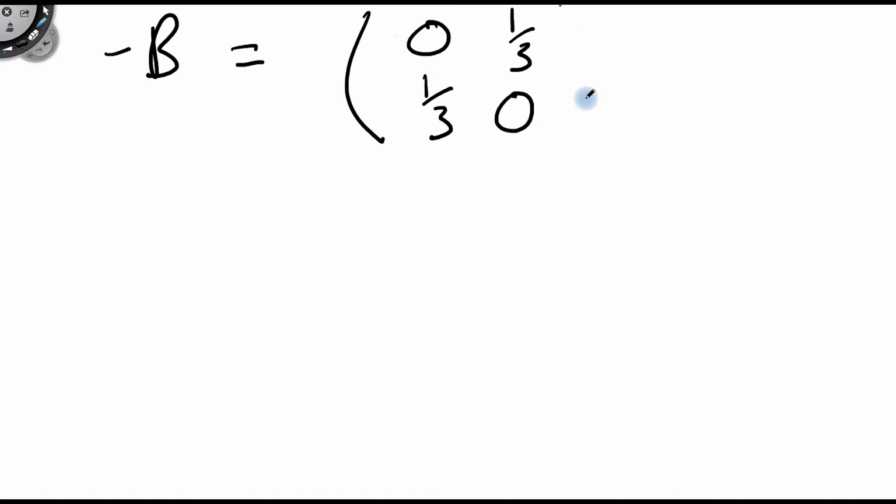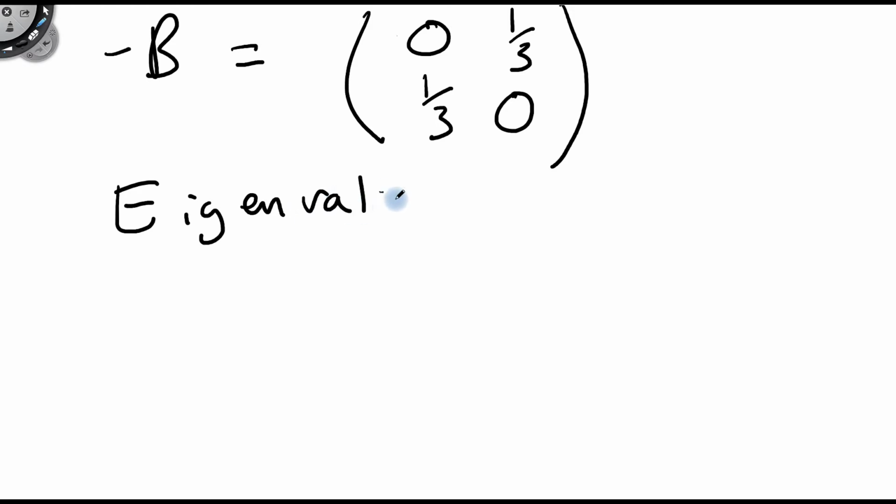So minus B is a third. You always know B has zeros on the diagonals. So the eigenvalues of this thing are just your standard calculations. The eigenvalues of minus B follow our standard rule.